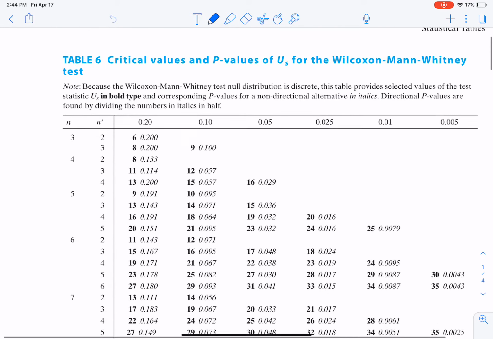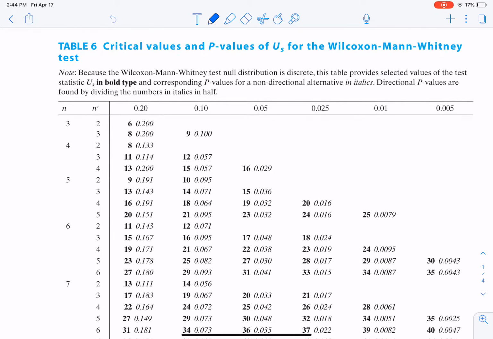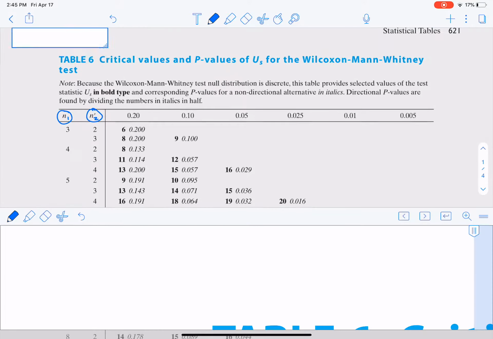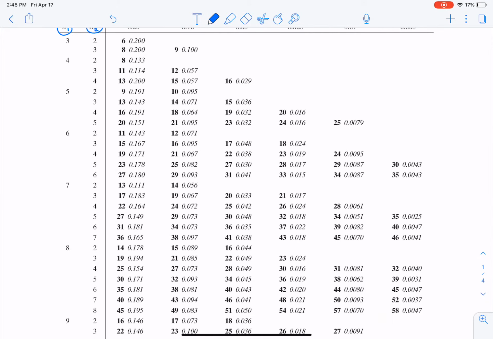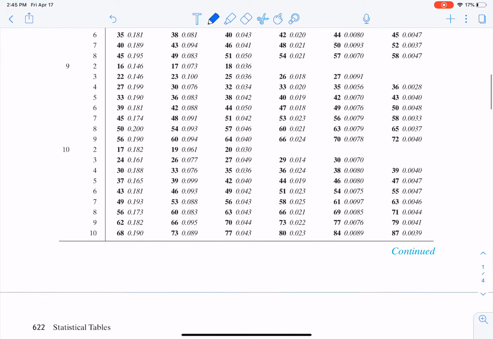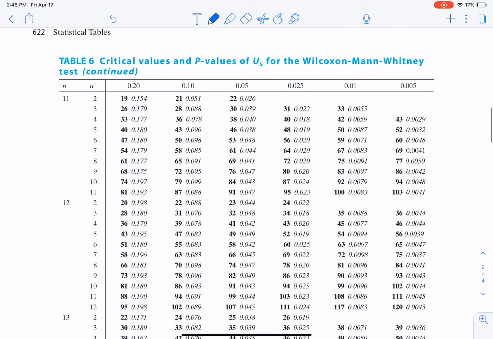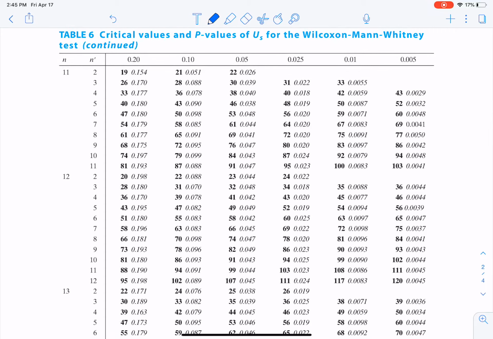And you'll notice that the Wilcoxon, Mann, Whitney table that I've provided and that you should download from courses has two columns on the left, N and N prime. You should think of these as being N1 and N2. And in our case, N1, the larger N, is 12. So we will go through this table until we get to N being 12.